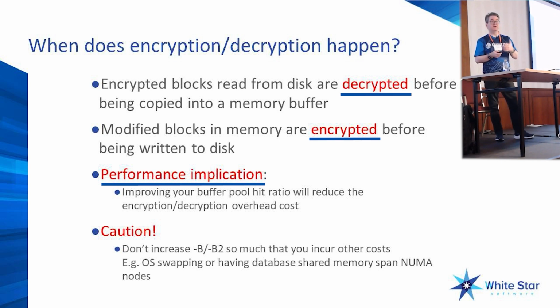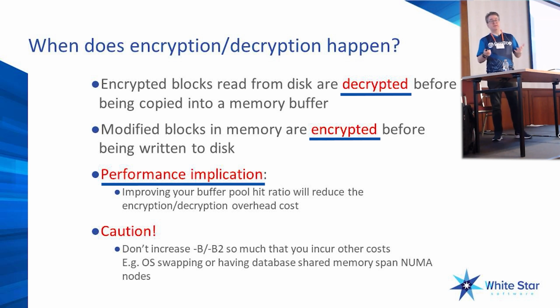And conversely, if you have poorly tuned application code, like you've got clients doing huge table scans or things like that and bringing lots and lots of data into the buffer pool, then that's going to hurt your performance. It's going to flush out other useful data, and so that's the kind of thing that you really want to avoid.